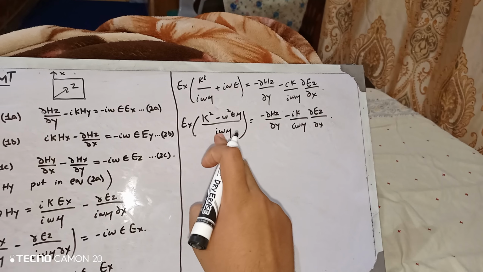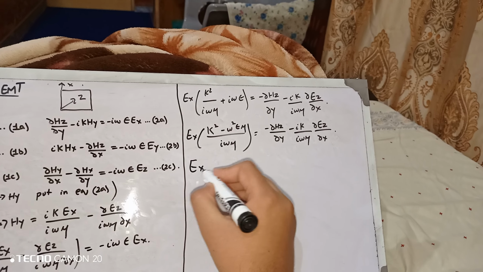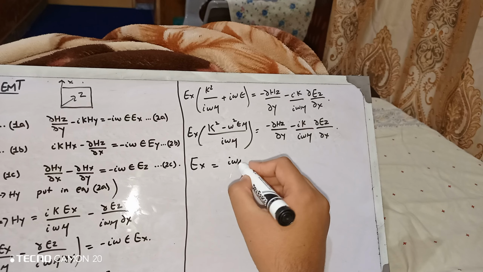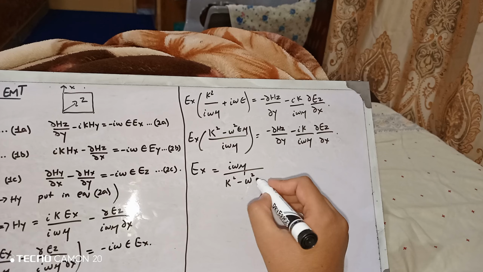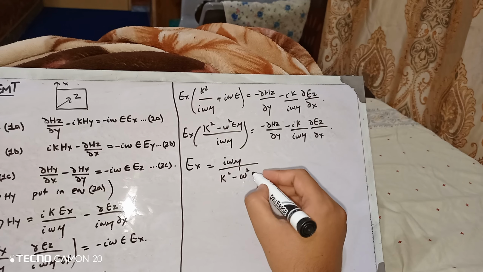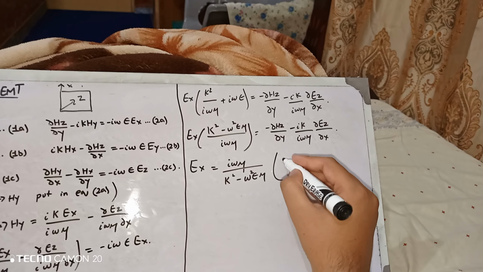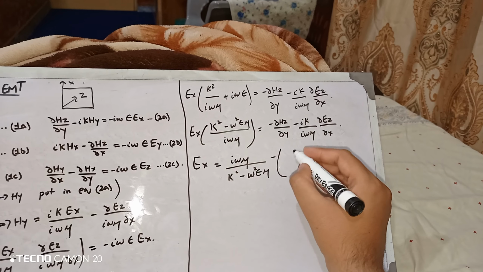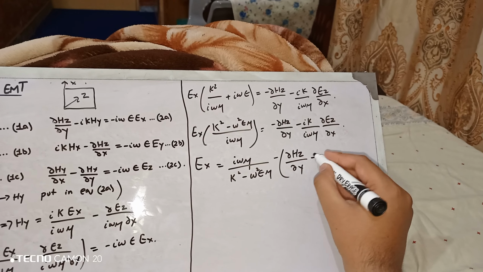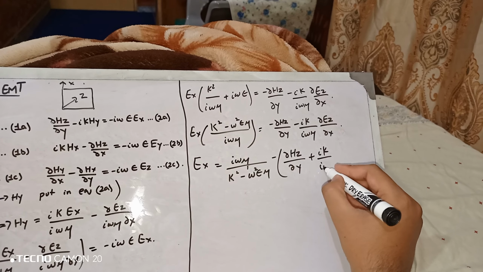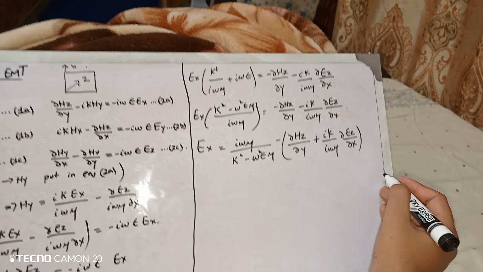Now just multiply this term to the other side oppositely, because we have to find Ex. So Ex becomes equals to iota omega mu divided by k square minus omega square epsilon mu, multiplied by, taking minus common from this, partial Hz by partial y plus iota k by iota omega mu partial Ez by partial x.